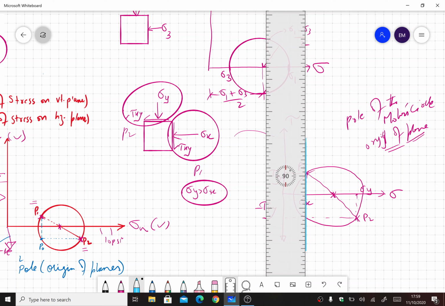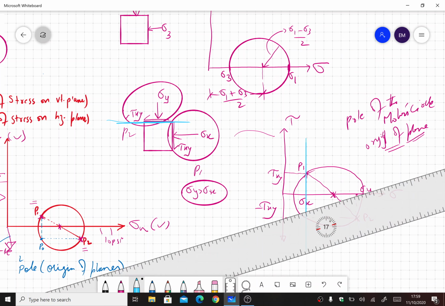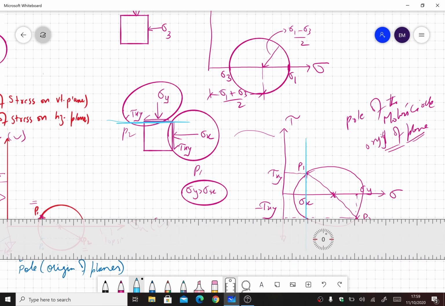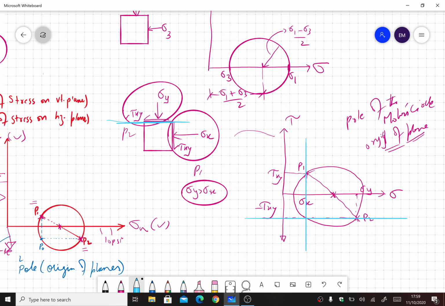And P2 is acting on a horizontal plane, so I will now draw a horizontal line that passes through P2. Now you see here that the intersection lies on the circle, and this is called the pole.